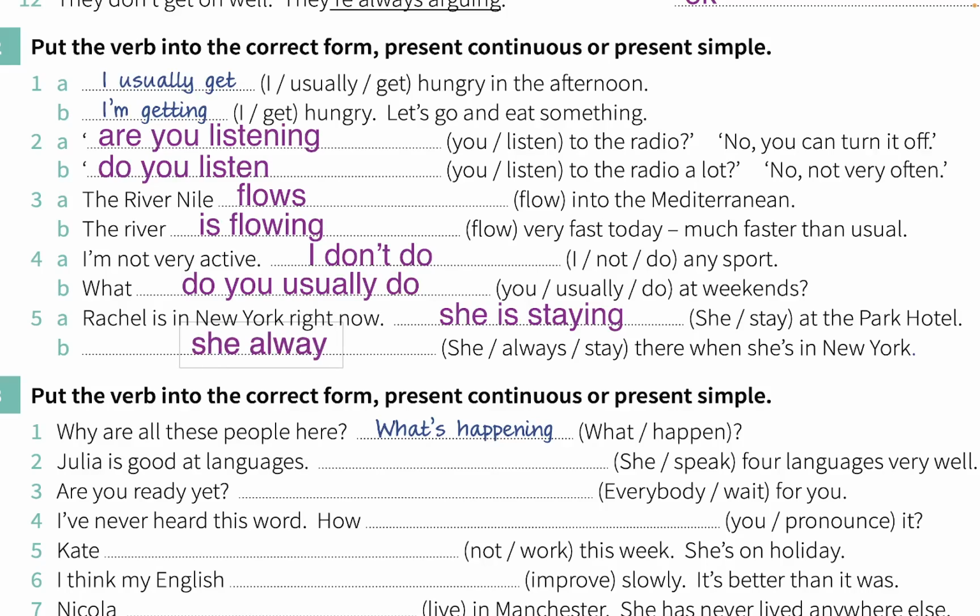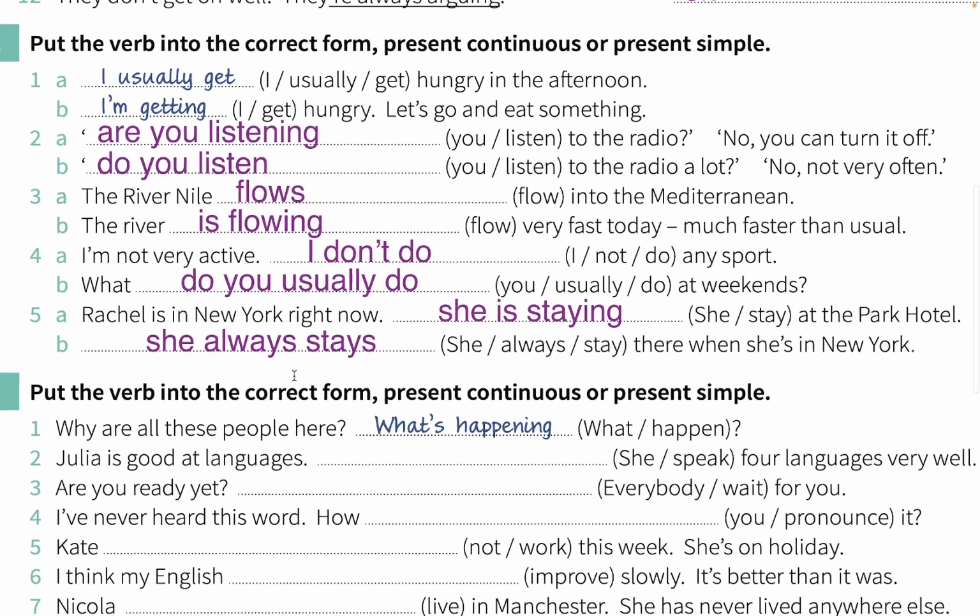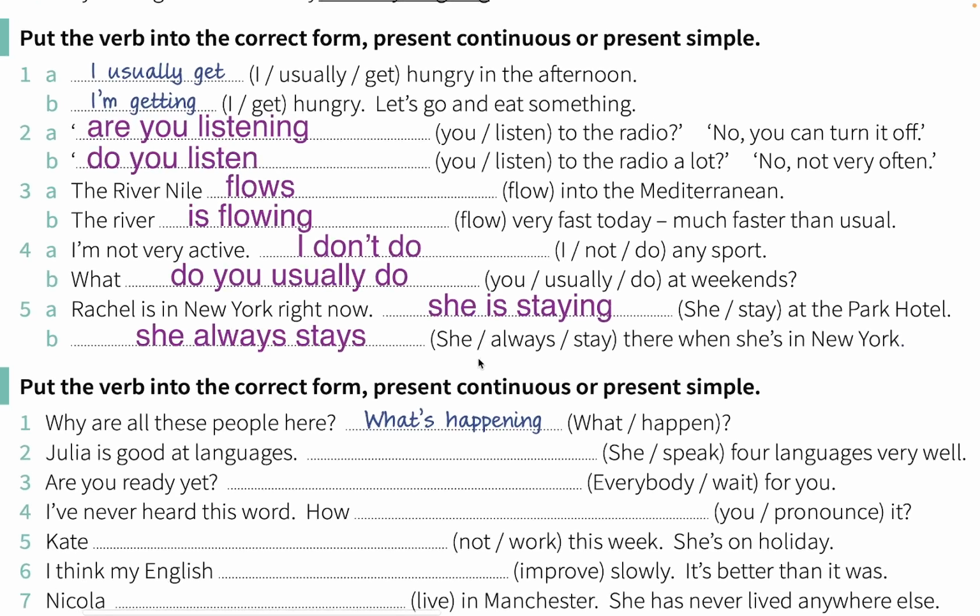Yes, she always stays. Okay, this is the one yang kita bisa compare. Kenapa dia yang di atas pakai present continuous and di bawah pakai present simple? Anyone want to try and explain why?